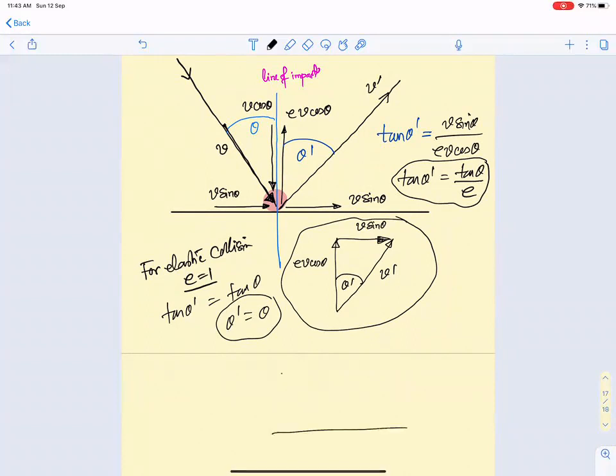If a collision happens between a body and a certain surface, say the ground, it will follow the law of reflection of light. It comes at an angle theta with the normal and bounces off, making the same angle with the normal.